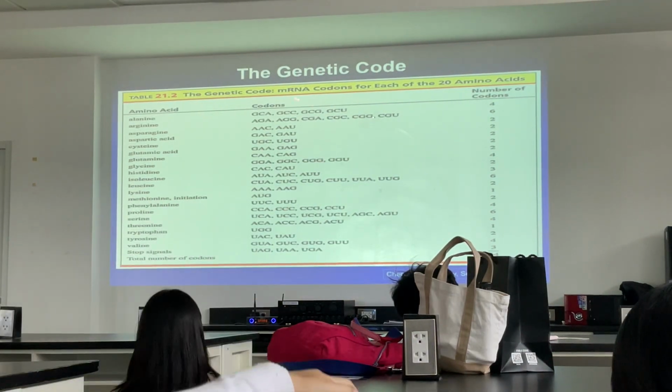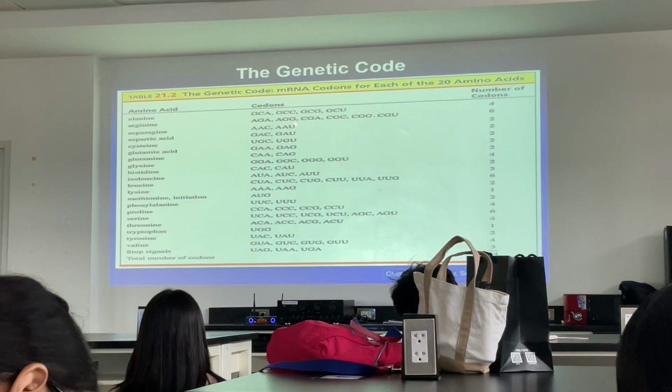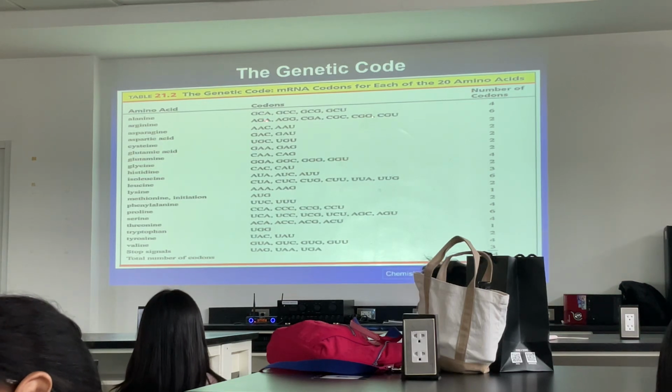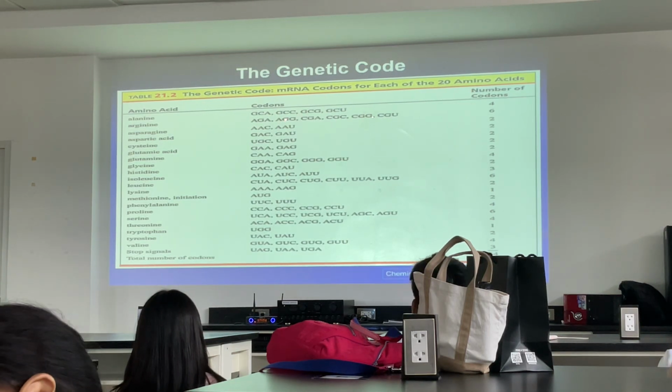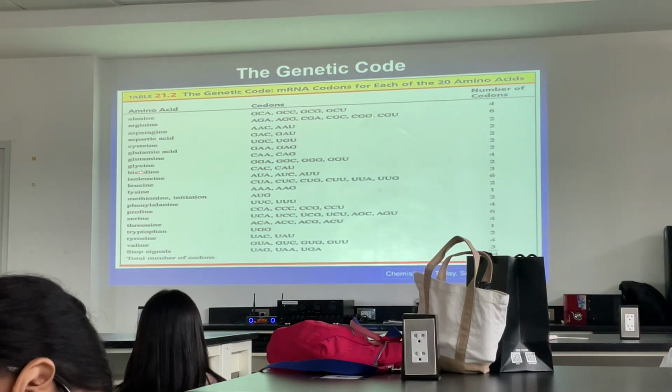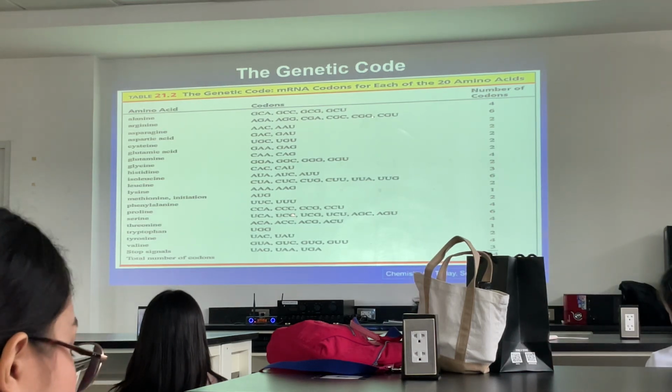The one with the most codons specifying its synthesis has 6: 1, 2, 3, 4, 5, 6 for arginine, leucine, and serine.